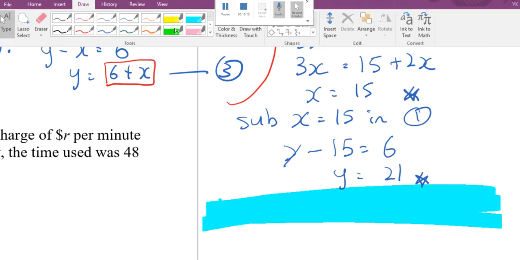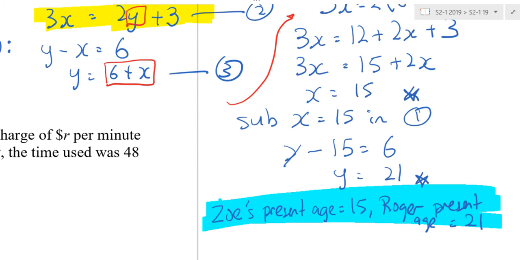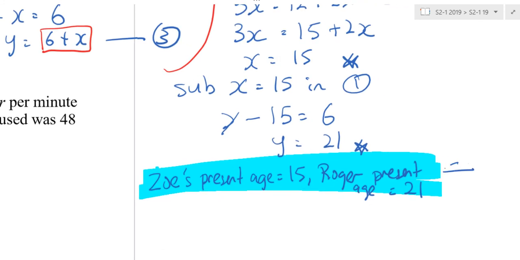Can you write down? Can you write this down? This one is 1 mark.